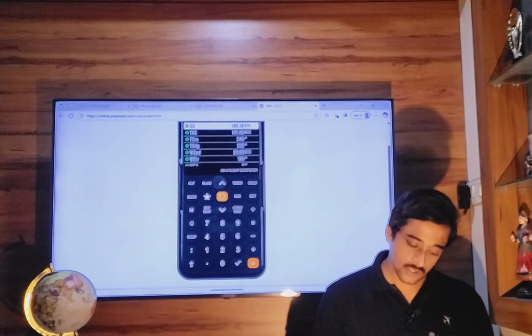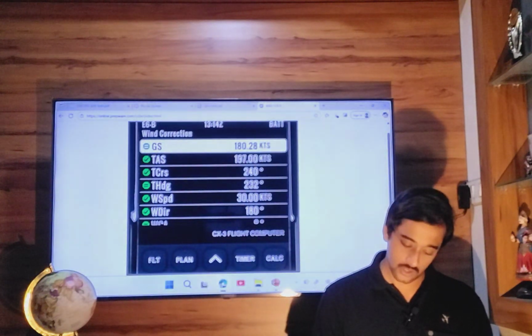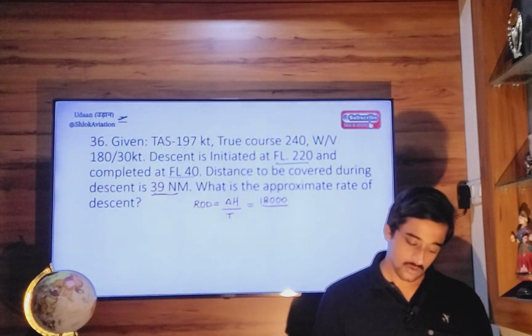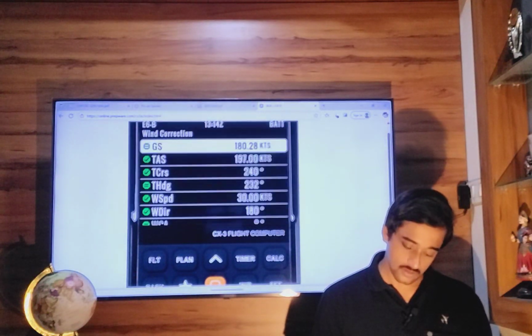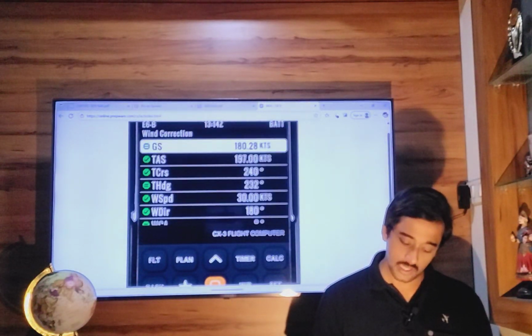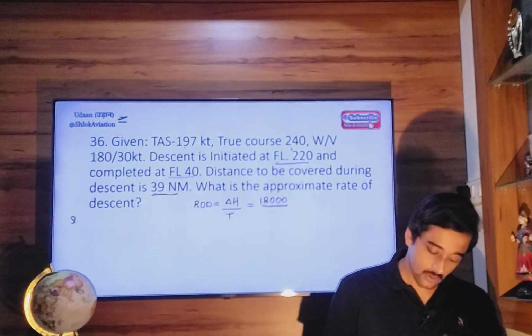So, ground speed. Check the values. TAS 197, 240, 180 at 30. So ground speed is approximately 180 knots.